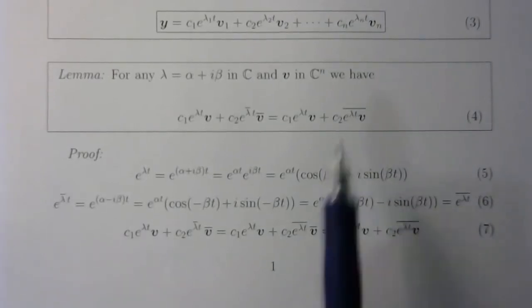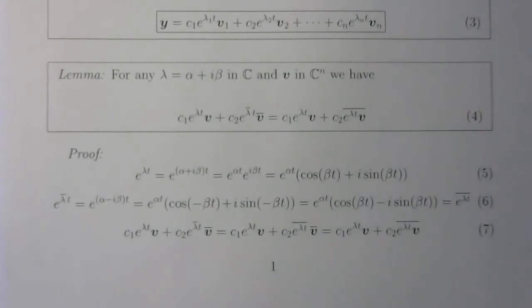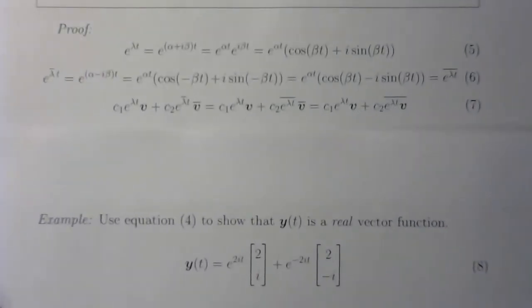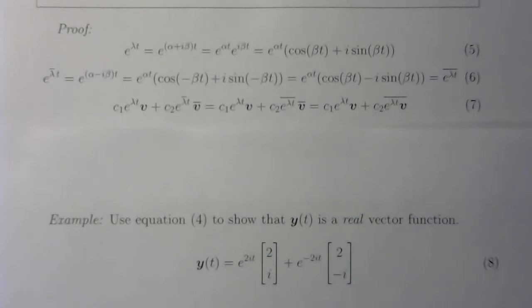So let's use this idea to show that this function, which at first may not appear to be real, is in fact real. And let's make sure we understand the form of this function. I have an e to the 2it and e to the minus 2it, so I can think of this as e to the lambda t and e to the complex conjugate of lambda t, right? And then these vectors are also complex conjugates.